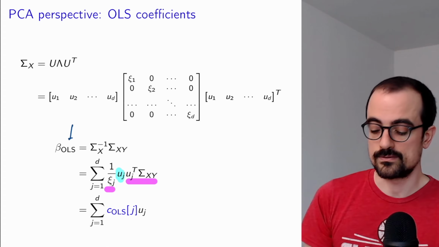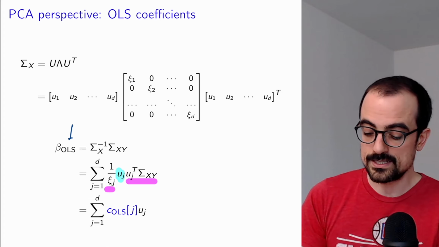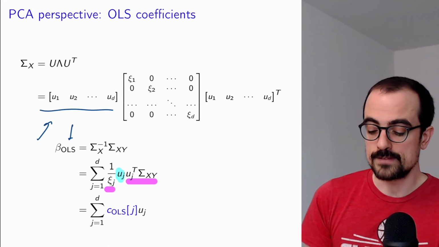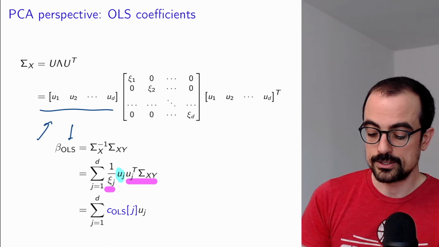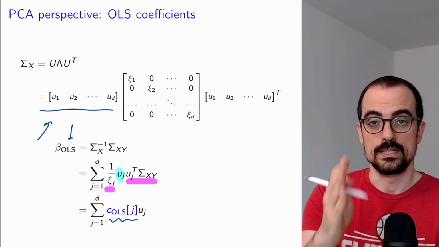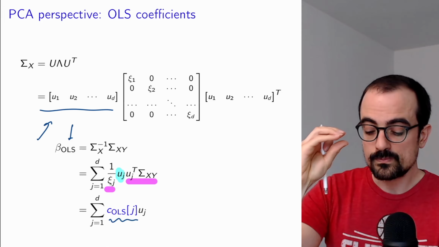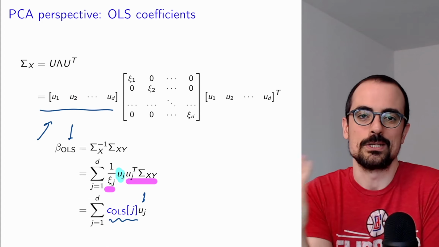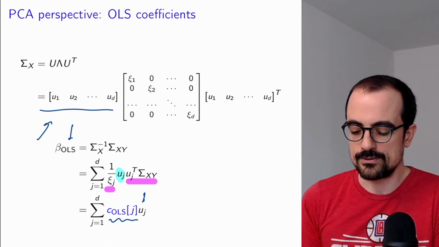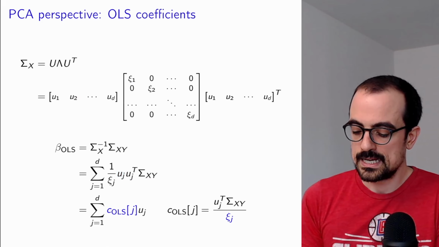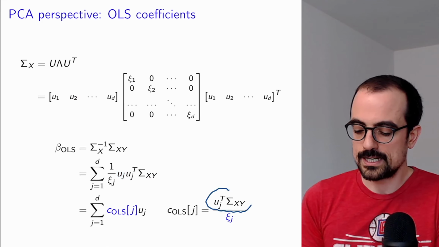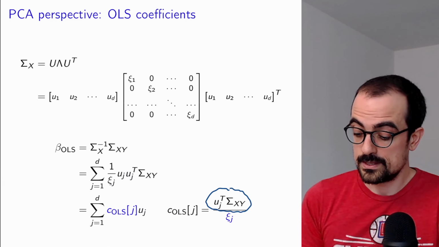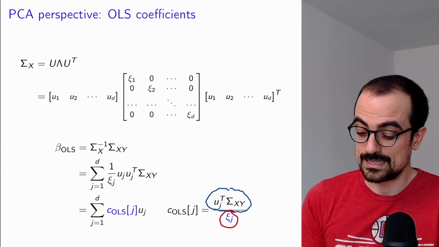If we do a change of basis to this basis, because they're all orthonormal vectors, then the amplitude multiplying each of those vectors can be understood as the amplitude of the OLS coefficients in that direction. It is equal to an inner product between the principal direction and the cross covariance divided by the sample variance of the training data in that direction.